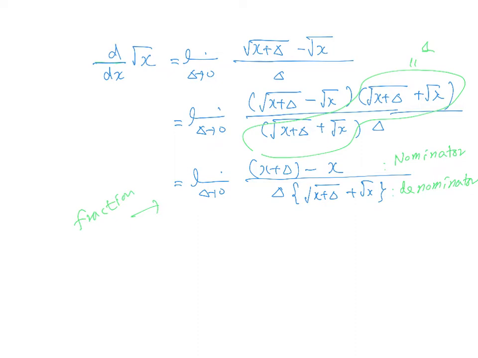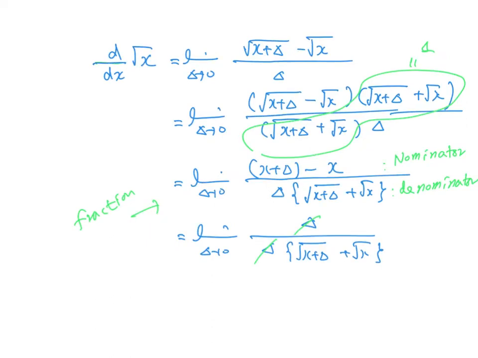So, this is a more exact way. We have delta, delta, and this cancels, and then you get basically 2 square root of x, right?